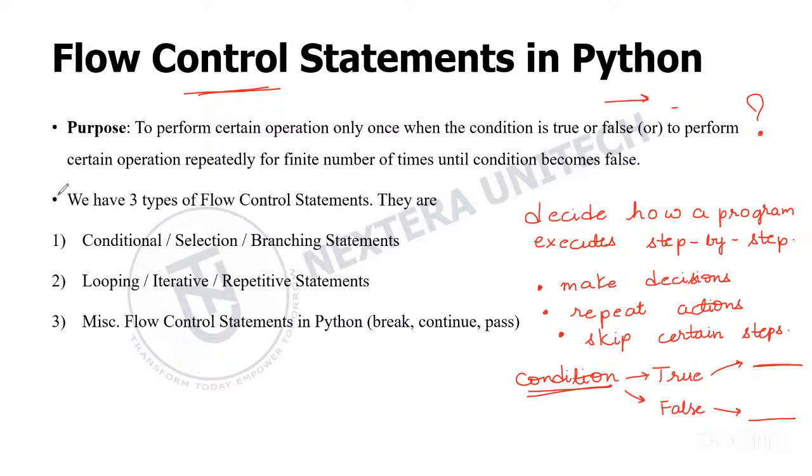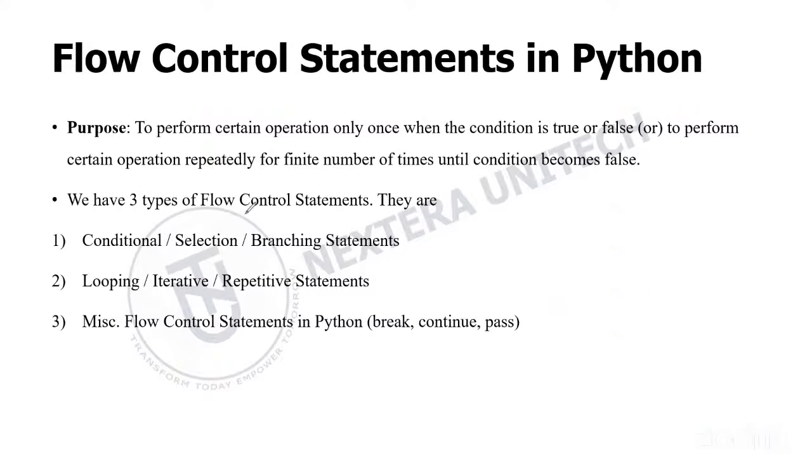There are mainly 3 types of flow control statements. They are conditional statements or selection or branching statements, looping, iterative or repetitive statements, and then miscellaneous flow control statements in Python. So firstly, we have conditional statements.